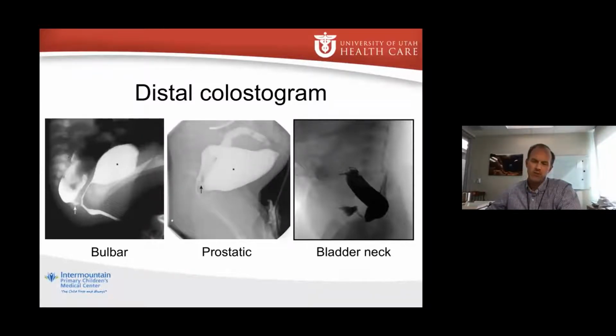People like Dr. Pena and Dr. Levitt really feel strongly that this should be a high pressure colostogram so that you can actually see that fistula there so that you kind of know where it enters. Because you're going to do a lap repair on this kid, but you probably are going to do a posterior sagittal anorectoplasty on this kid. And you want to know ahead of time what your best approach is going to be.